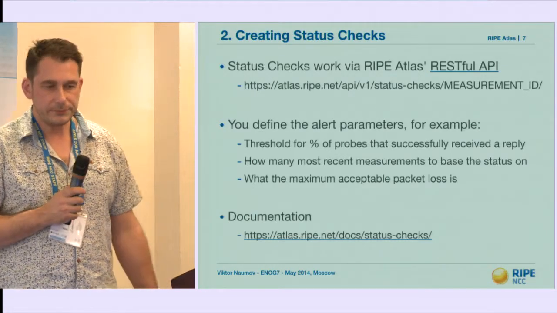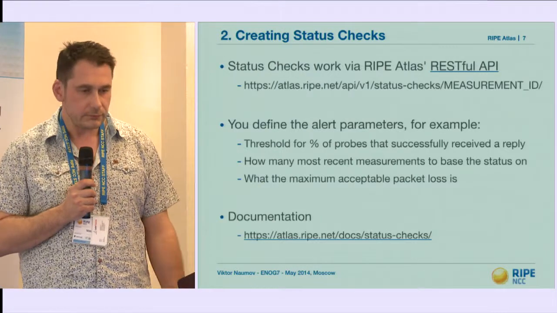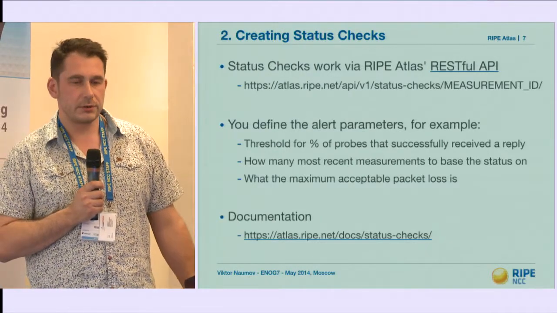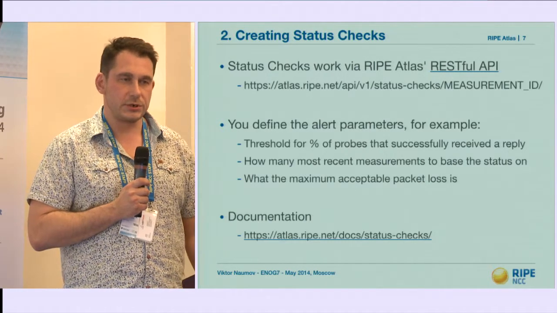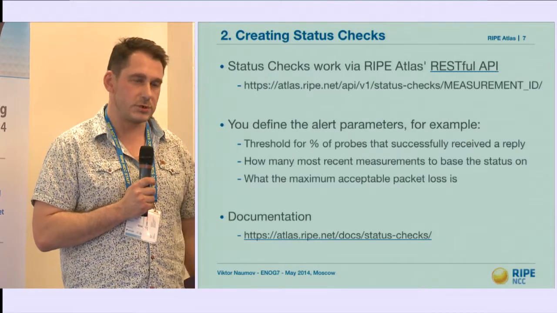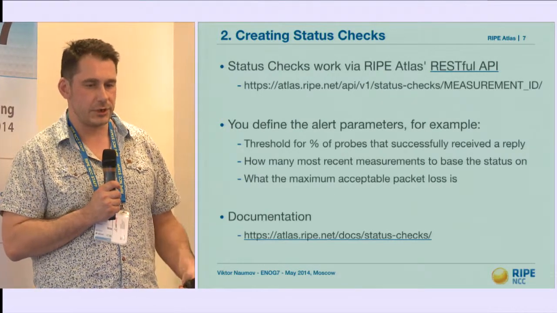As soon as the probes are taken, you request a URL, do the status check measurement where you show the ID of your particular measurement. A JSON structure will return to you containing the RTT, packet loss, etc. You will also set thresholds for the number of packets, for the number of probes, for the number of packets lost, for the RTT changes.